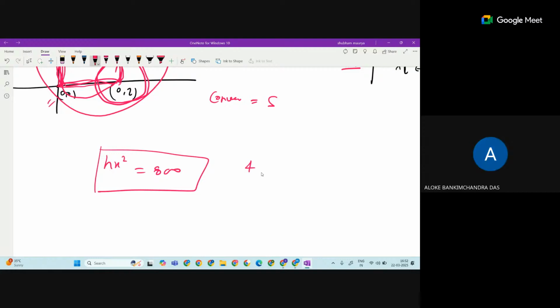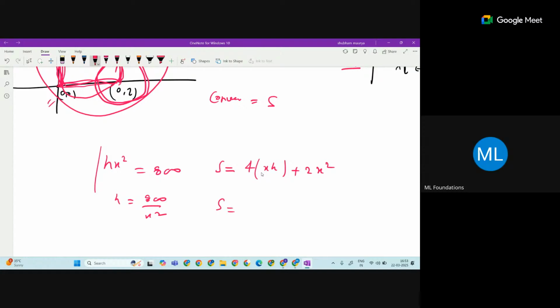4 times xh, plus 2 times x square. Yeah, that is basically the surface area. You replace h by 800 by x square, right?